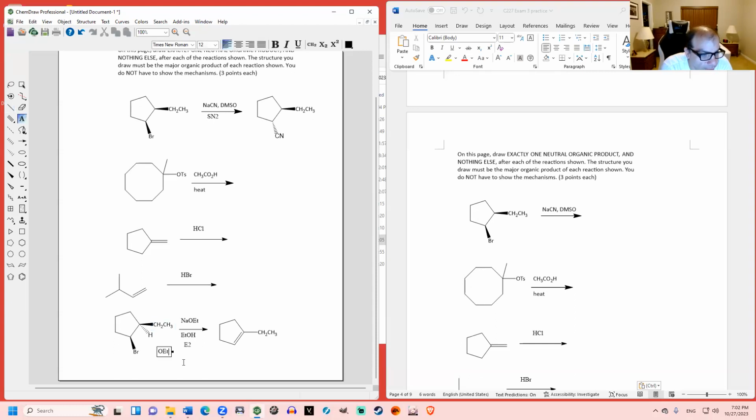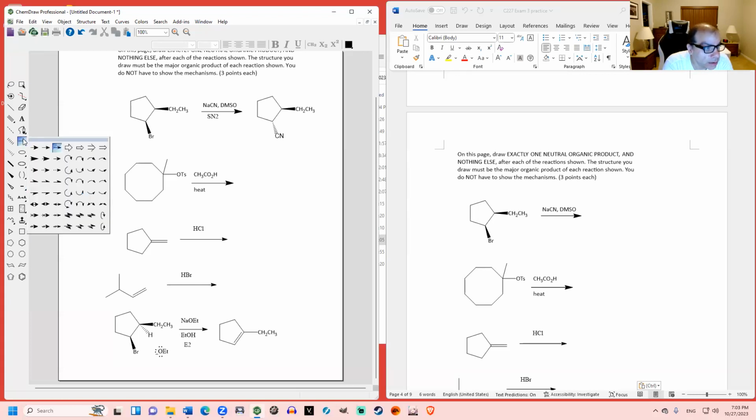So what would the mechanism look like? I don't know if this will let me put lone pairs on it. Oh, it will. So you'll notice I don't even show the sodium. It's irrelevant. It's a spectator ion. And the ethoxide ion would pick off the proton, form the double bond, and lose the leaving group all at once.